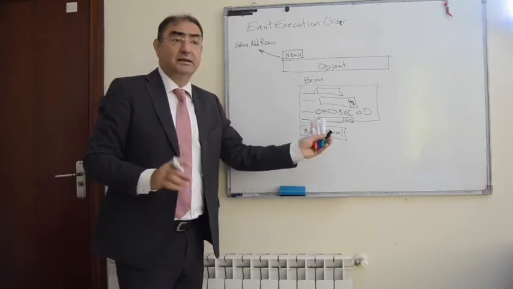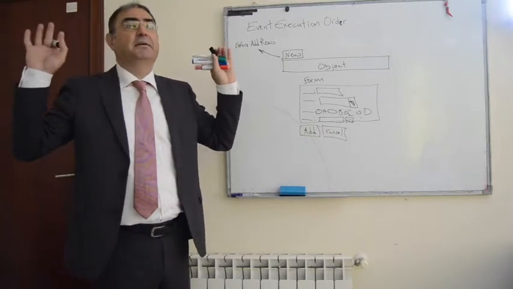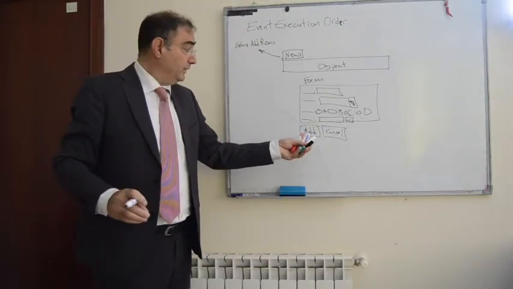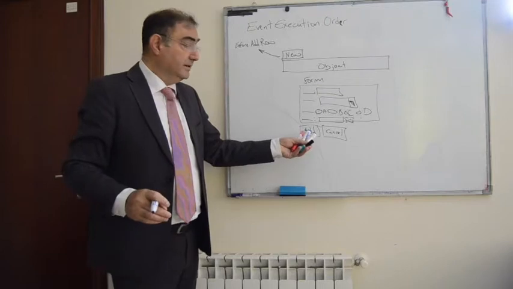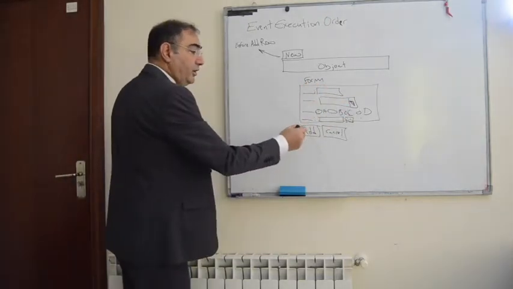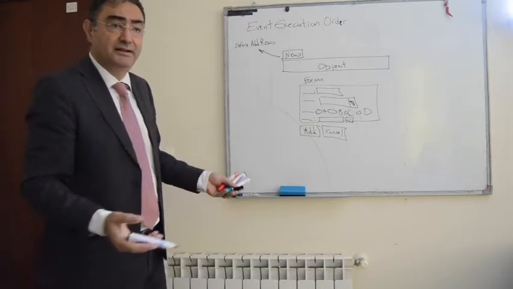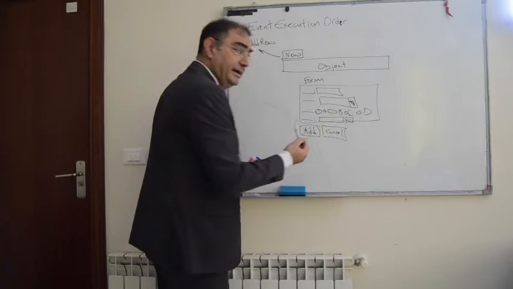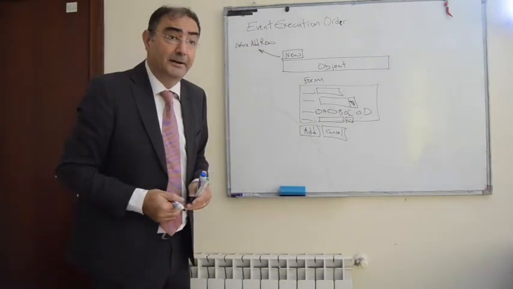If you press cancel, it's as if nothing happened. If you press add, what does it do? The system will do an automatic validation depending on how the view is defined.